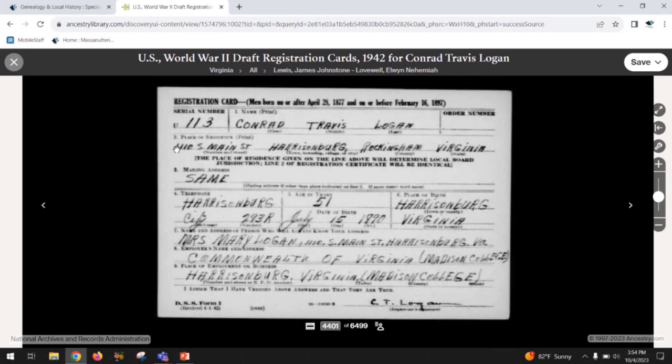We can see where he lived in 1942 on Main Street in Harrisonburg. His next of kin is presumably his wife, so it's safe to assume we would know his wife's name at this point. And we can see that he works for the Commonwealth of Virginia at Madison College, which is now James Madison University, of course. So we can learn a little bit from that record.